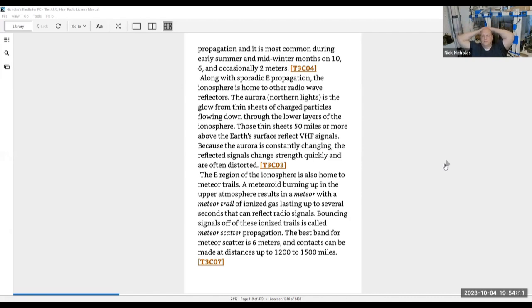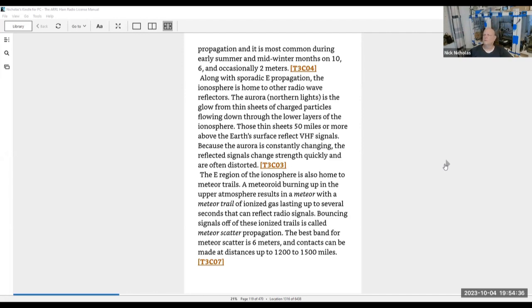Things that also allow us to skip are other disturbances to the atmosphere. They include things like the northern lights, the auroras, those are charged particles in the sky.